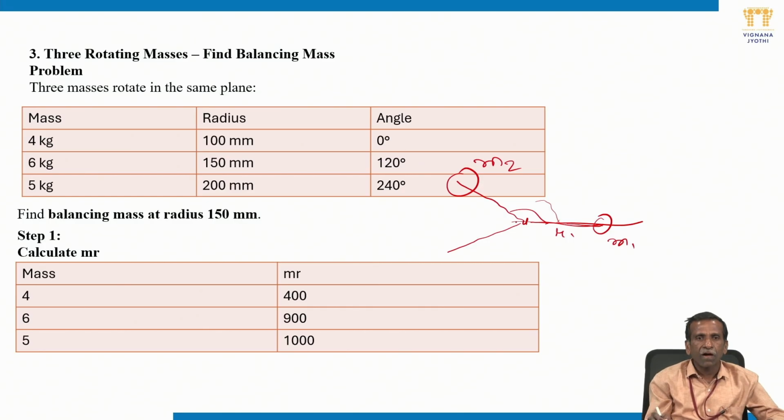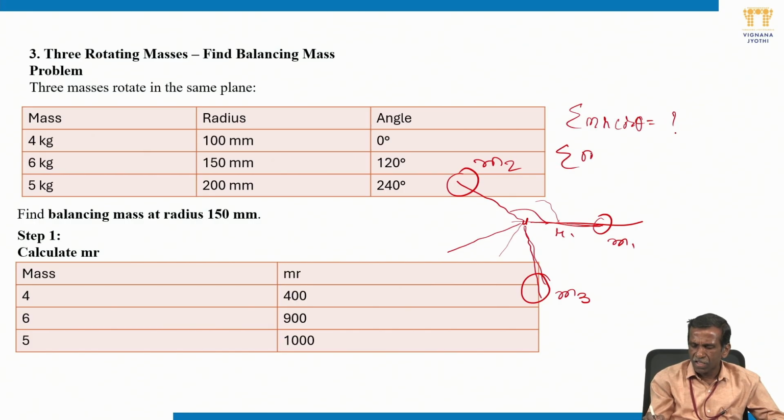M3 is at a distance of 240, which is again 120 from this. Here M3 is 5 kg, and the radius of rotation is 200. So how do you find the resultant of all these? A similar procedure: sigma M R cos angle should be how much?